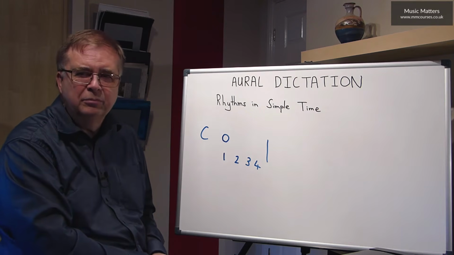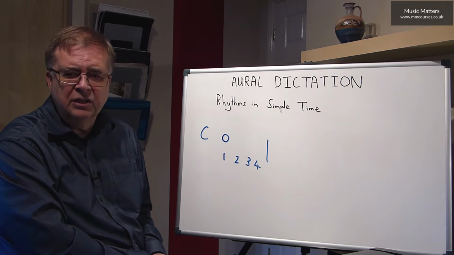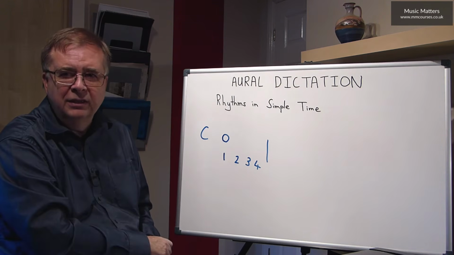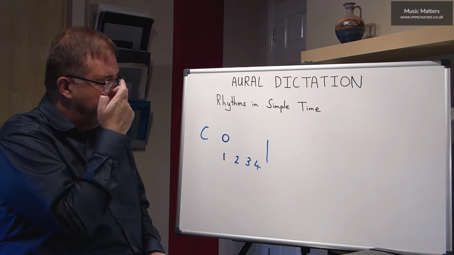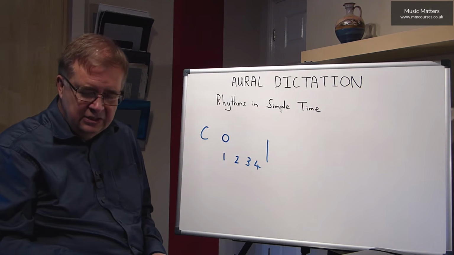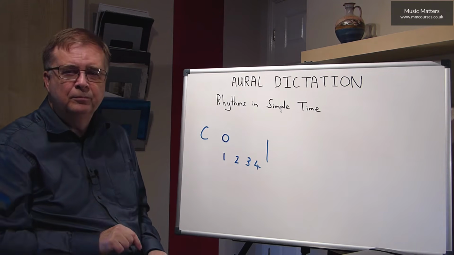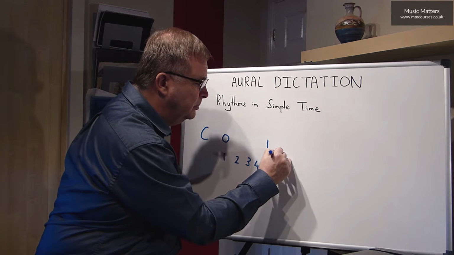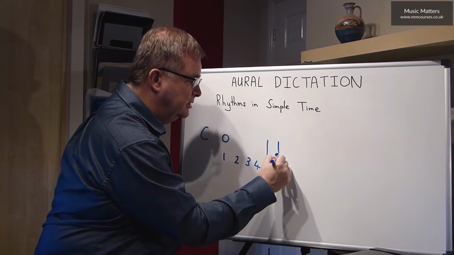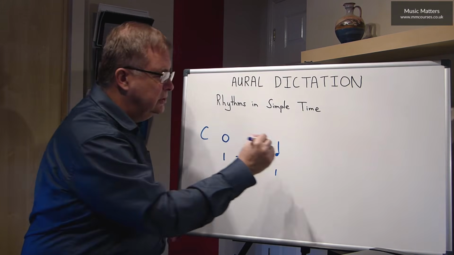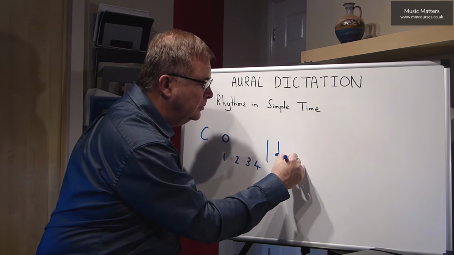Okay, now in the second bar, things move a bit quicker, don't they? So we've got one of our 4 notes taking up the whole of bar 1. The other 3 notes all fit into bar 2. And bar 2 was this: 1, 2, 3, 4. So what's happening there? We've got one note that starts on beat 1, that takes up beat 1, but then we hear a new note on beat 2.